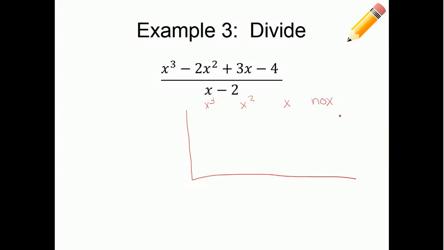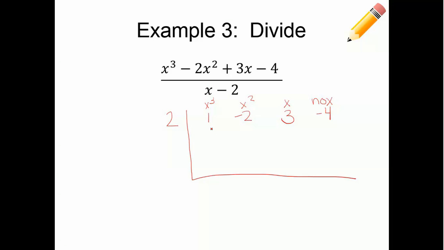Follow down until I hit the no x, right? Looks like I'm going to have a 1 here, because that's with the x cubed. The negative 2 is with the x squared. The 3 is with the x. And the no x is negative 4. And then I'm going to have a 2 out here, because 2 minus 2 gives me 0, right? It's whatever's going to make this equal to 0.